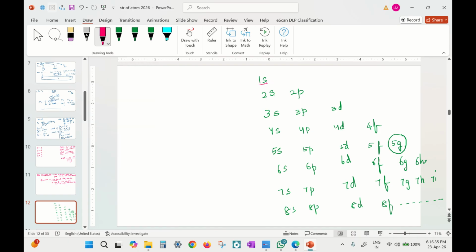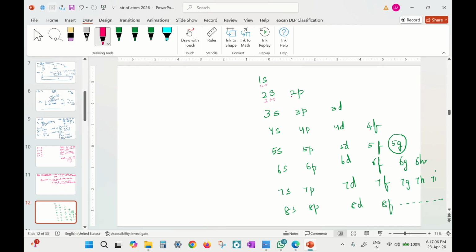What is the N plus L value of 1S? N value is 1. And what is the L value for S? 0. So that means, isn't it 1 plus 0? What will be the N plus L value for 2S? It will be 2 plus 0.